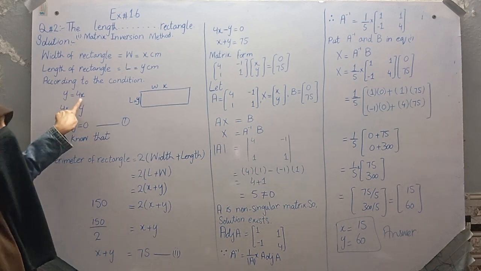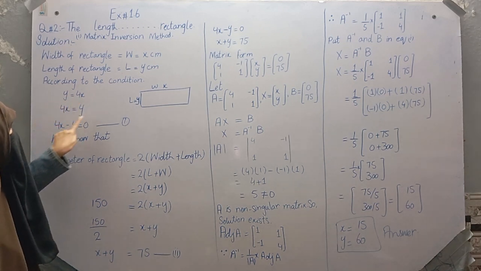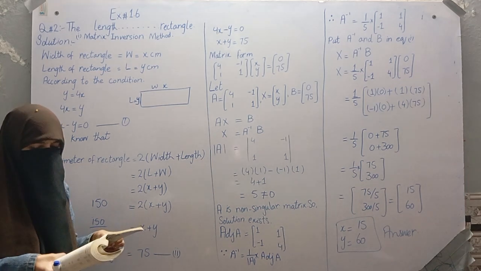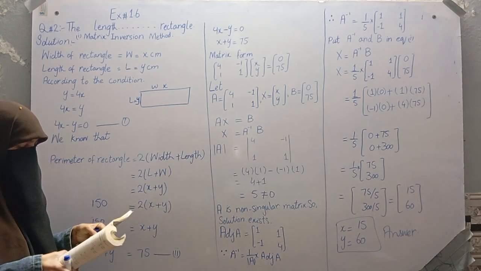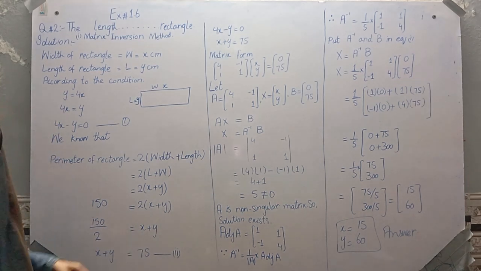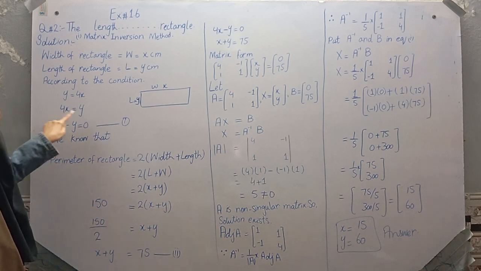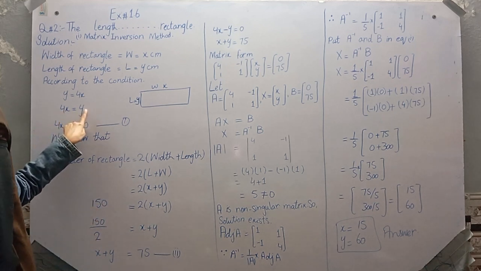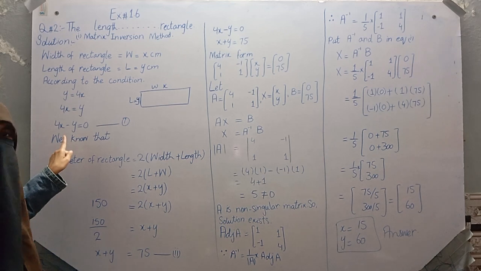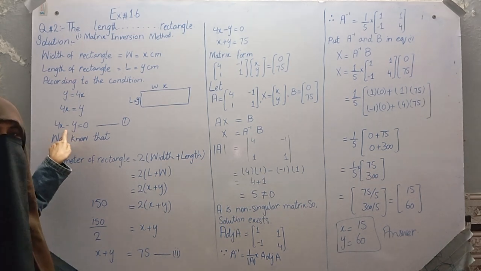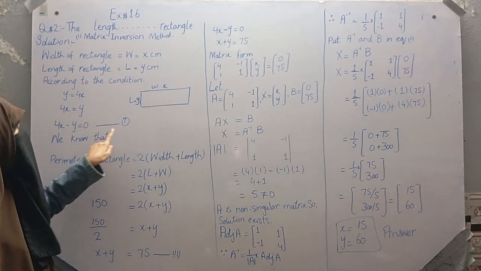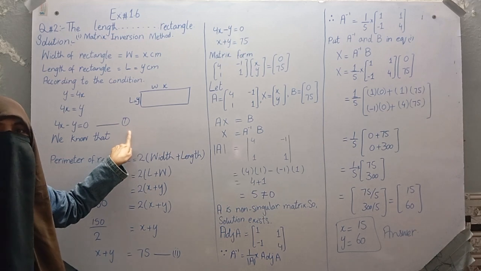Then I can write 4x is equal to y. Now the perimeter of the rectangle is 150 centimeters. First I write 4x, which is positive; when it goes to the other side it becomes negative. 4x minus y is equal to 0, and I mention here that it is the first equation.